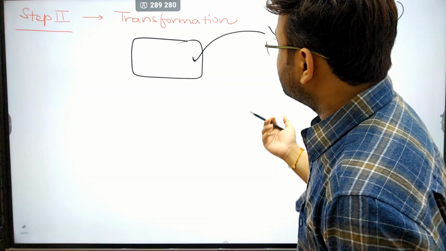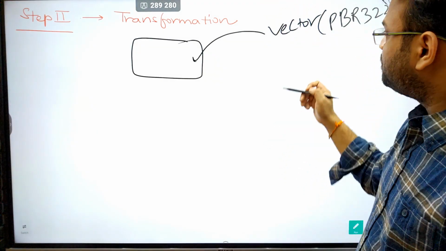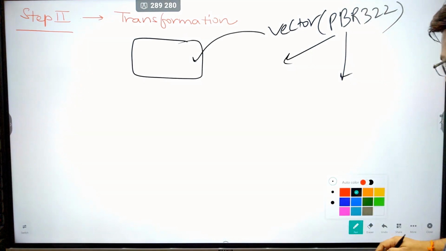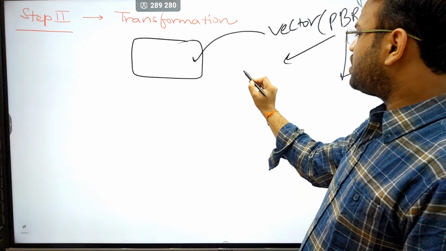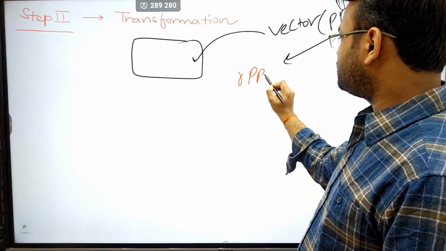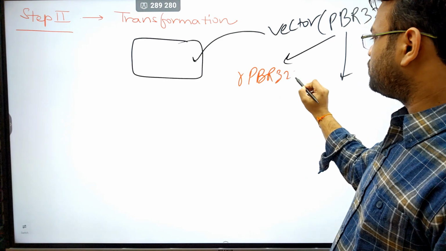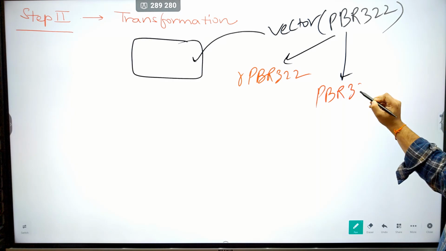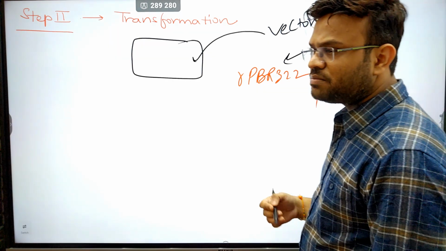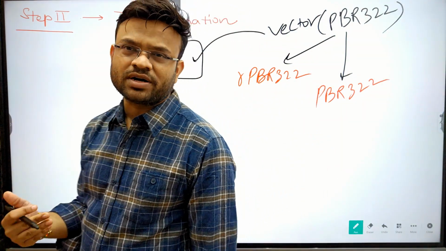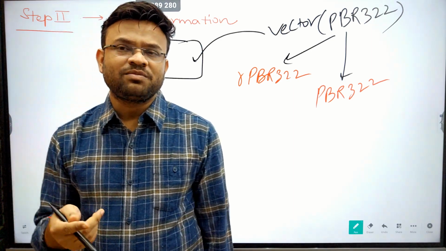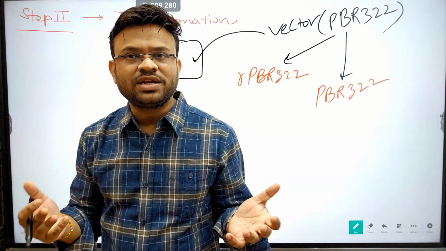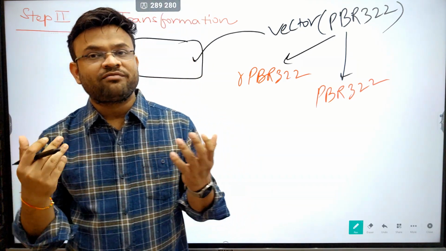Now, remember that pBR322 can be of two types over here. It can be either recombinant pBR322, or it can be normal pBR322, because you are never sure in biology. The processes are not 100%. You will never be sure that the gene of interest that you wanted to integrate inside the vector was actually integrated or not. It might have been integrated.